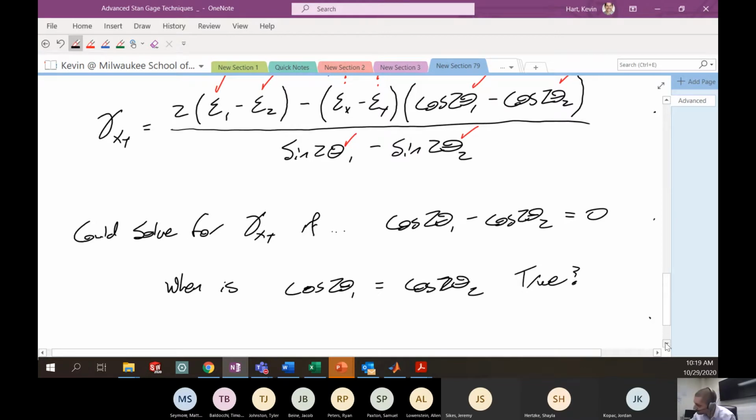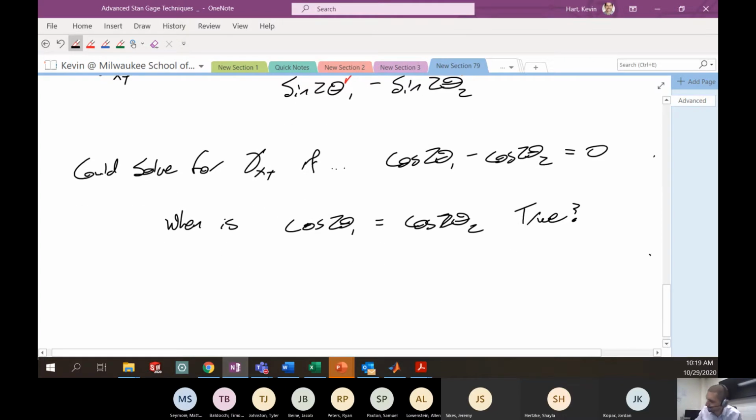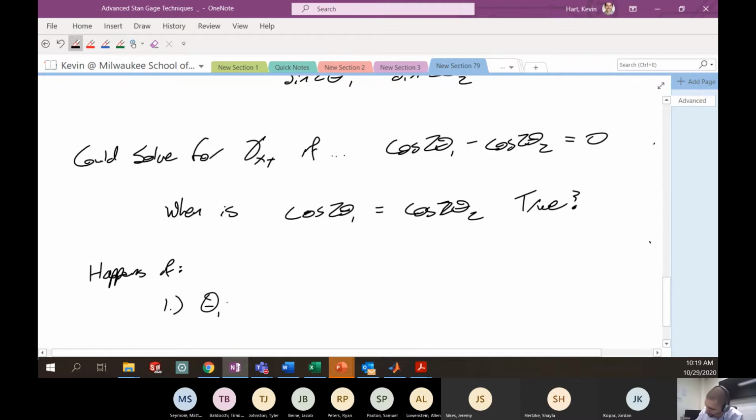Obviously, one case where it could happen is if theta 1 is equal to theta 2. So what does that look like? Well, that just looks like gauge number 1 and gauge number 2 are right on top of each other.